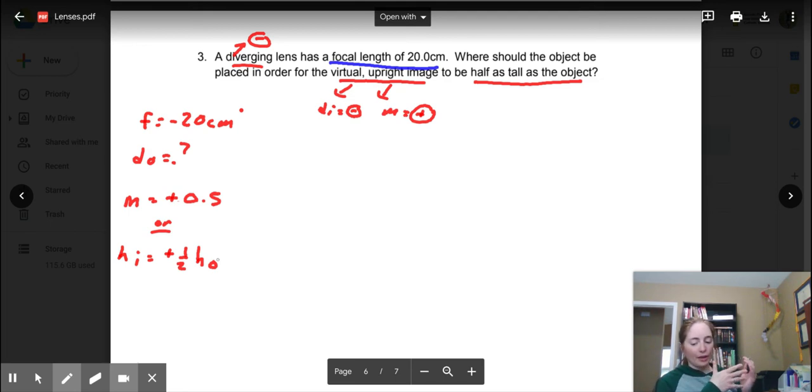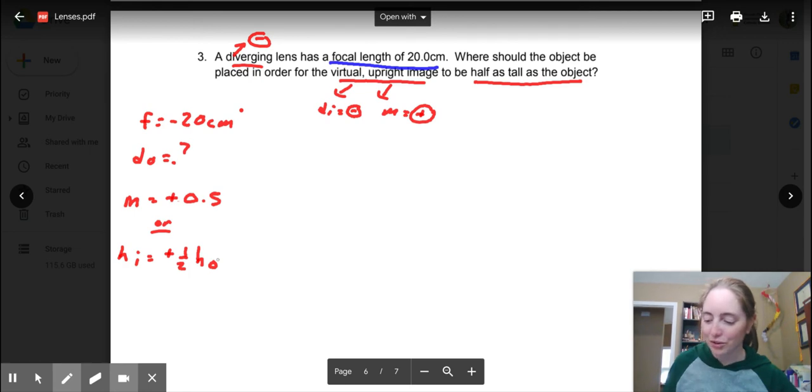Now, I'm going to go with where m is going to be my 0.5. That's the route I'm going to choose to go with this. But if you want to, you can go a whole different way by using that second option I just mentioned. And just for fun, you guys should give it a try.